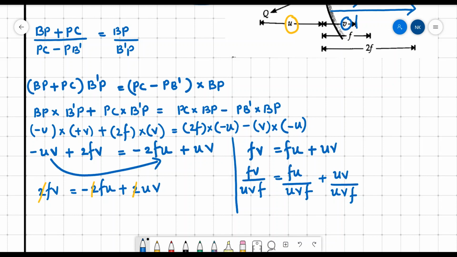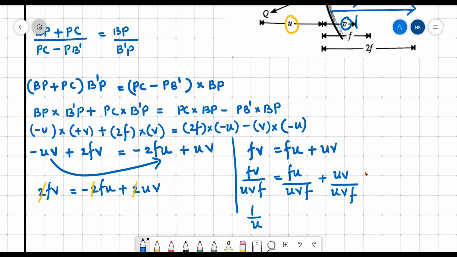You know that here this will leave 1 by u, and here this will leave 1 by v, and here this will leave 1 by f.